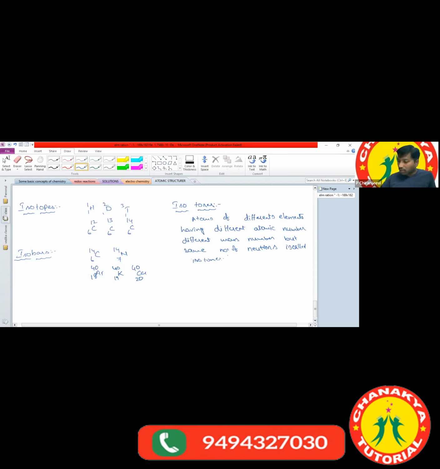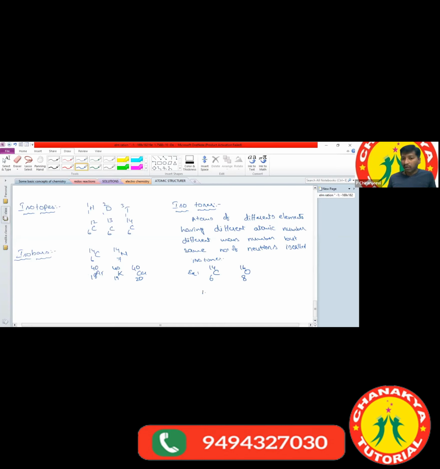Okay, so what are the examples of isotones? I'm writing two examples. One example is carbon C6, 14 and oxygen 8, 16. How can we calculate the number of neutrons?